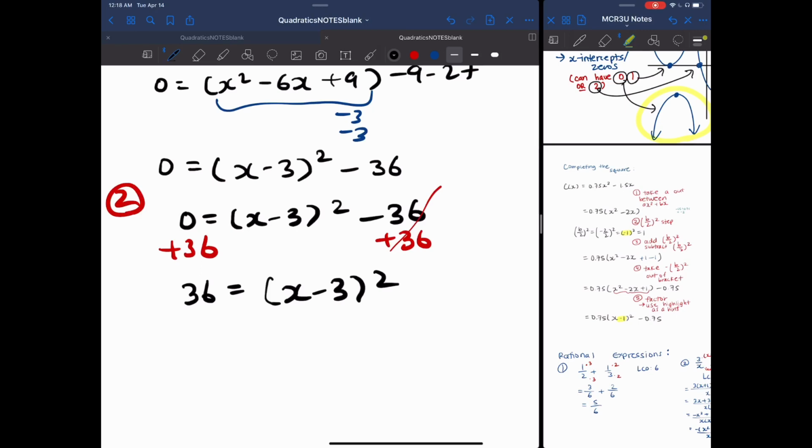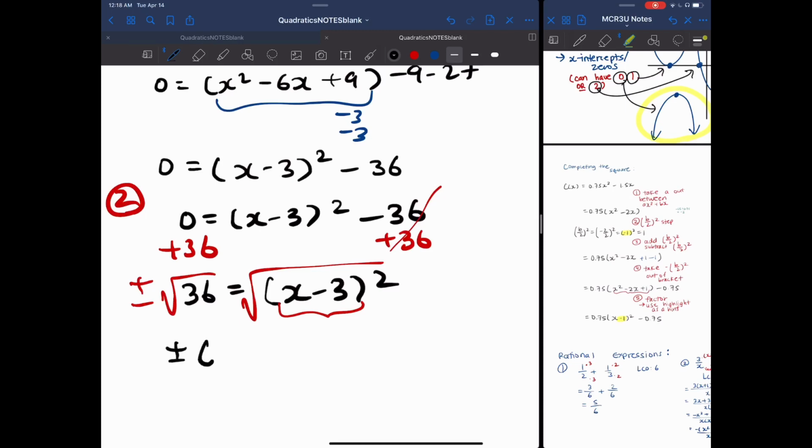I want to get x by itself, but there is a squared along the way. And remember, this is within a bracket, right? And that means I can't touch it. Brackets is the last part of BEDMAS, right? BEDMAS backwards. And so I'm going to square root both sides. I always get a plus and minus version. And square root of 36, that is a perfect square.